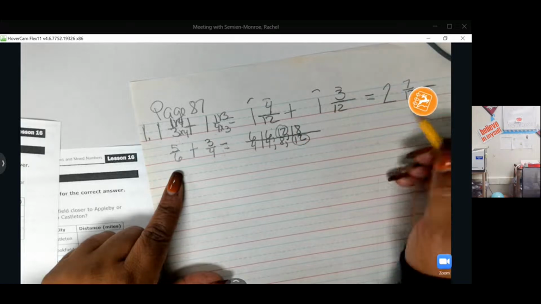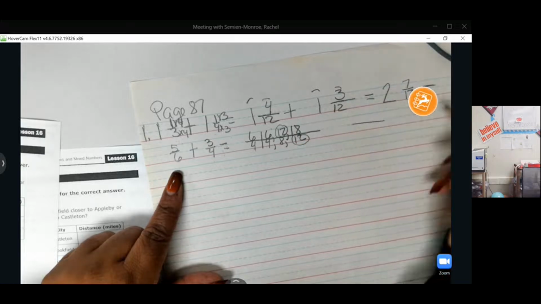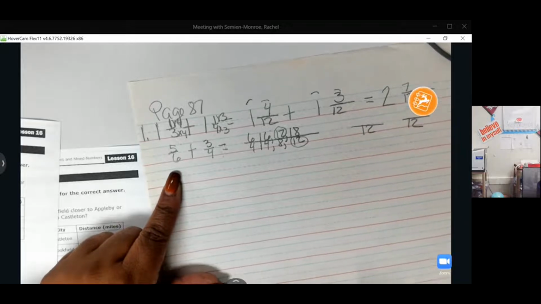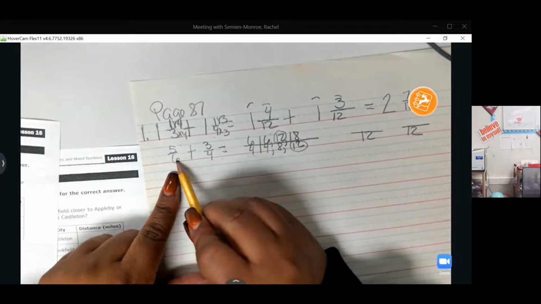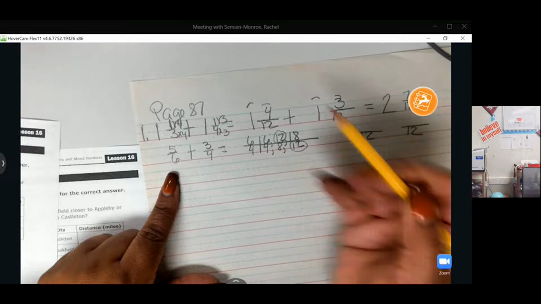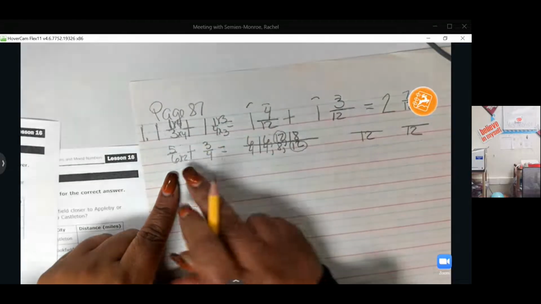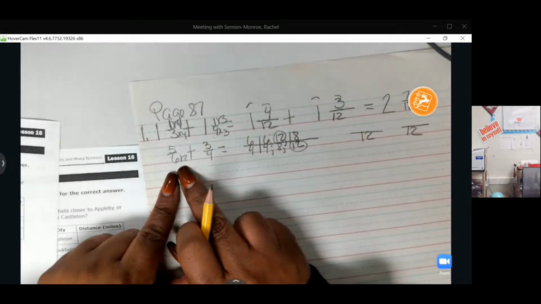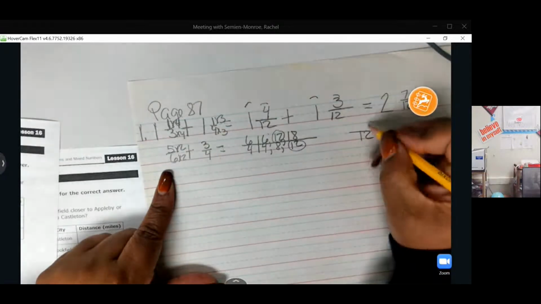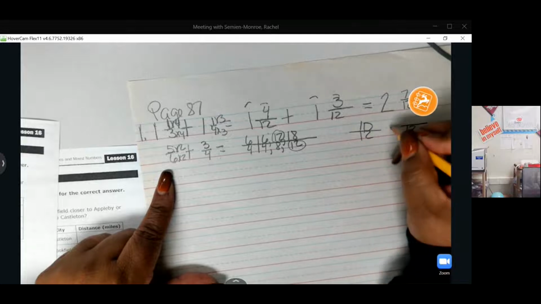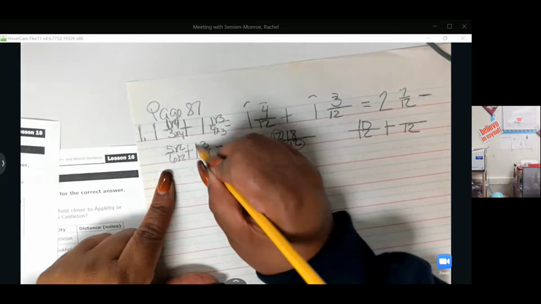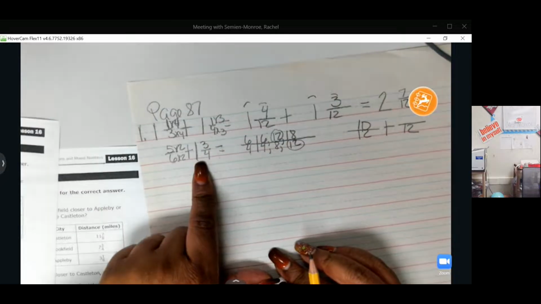So now I'm going to put my denominator down. 6 times what was 12? If I come over here, I can see it's 1, 2. That's going to be 6 times 2. What did I do at the bottom? Whatever I did at the bottom, I do at the top. 5 times 2 is 10 plus, okay, got my 1. Okay, and 1 and 3/4.